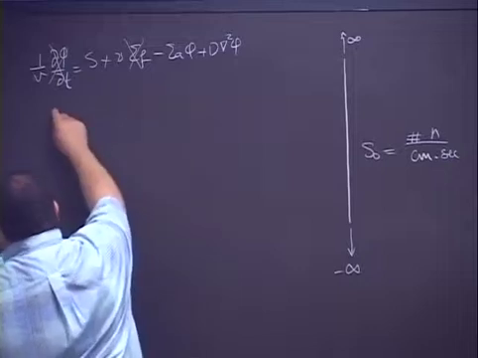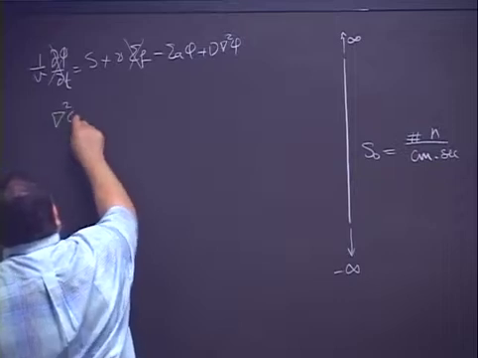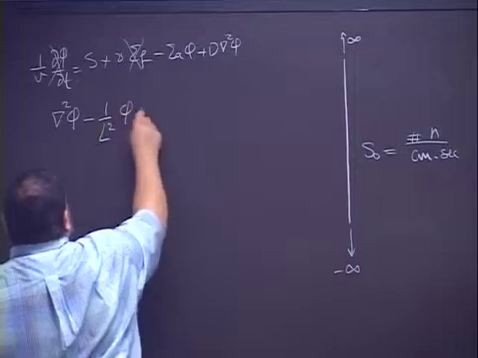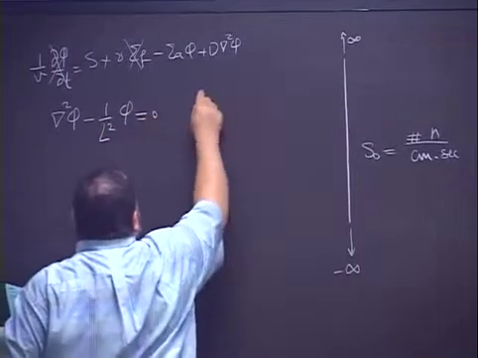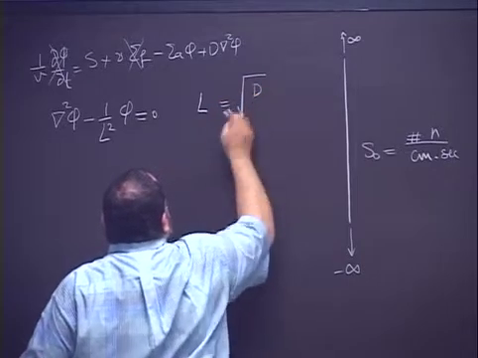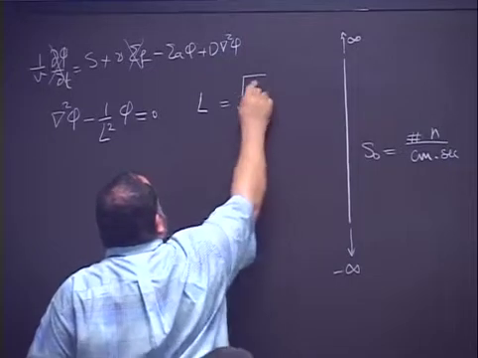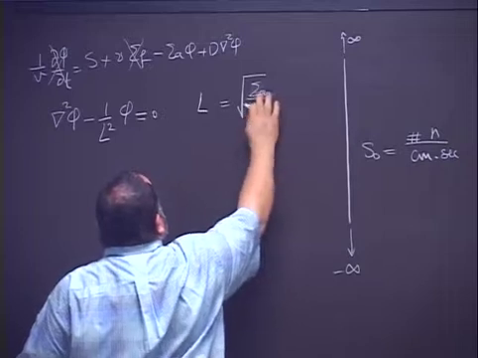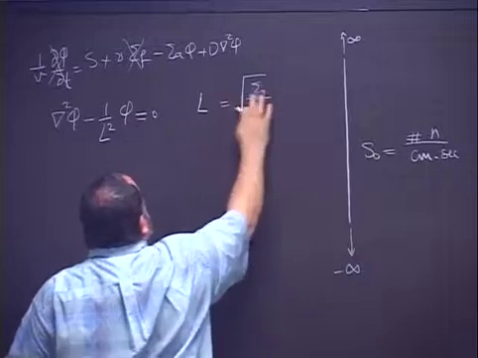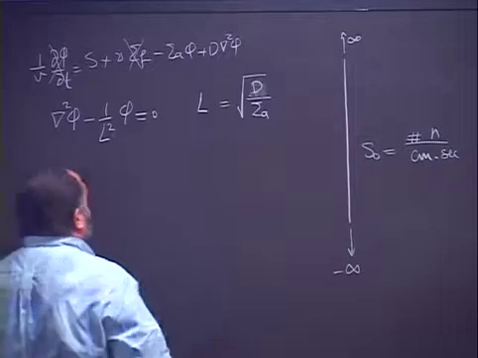Last time we wrote it as Laplacian phi minus 1 over L squared phi equals 0, where L squared is equal to D over sigma absorption, and L is the diffusion length.